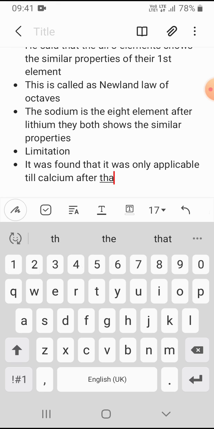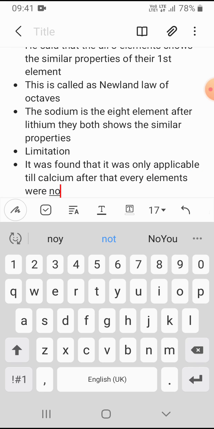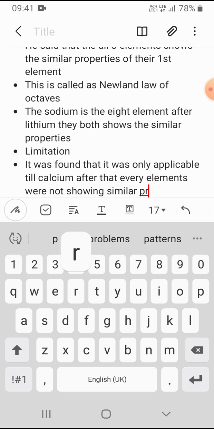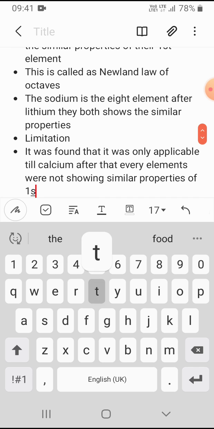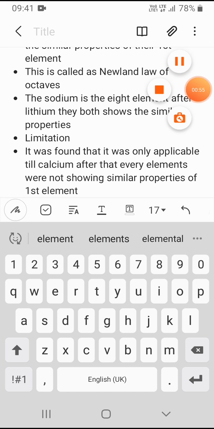After that, as he said, every eighth element should show similar properties to the first element, but they were not showing them, so it was a failure.